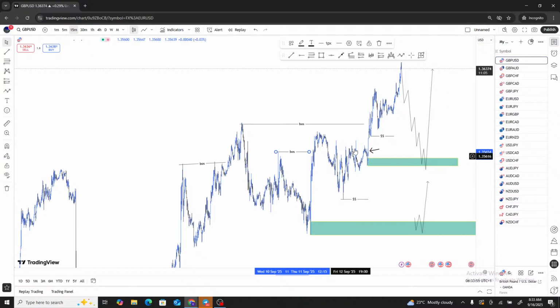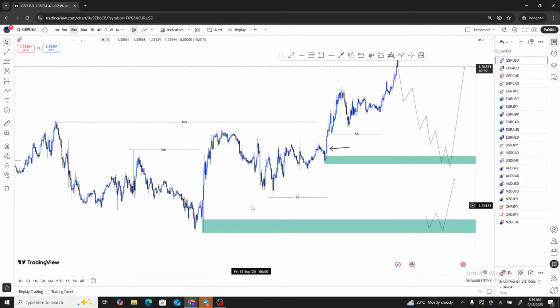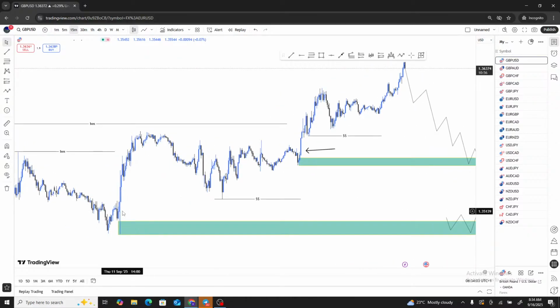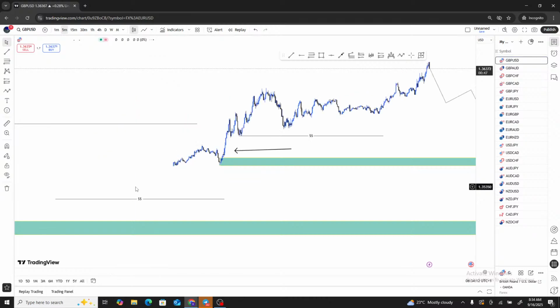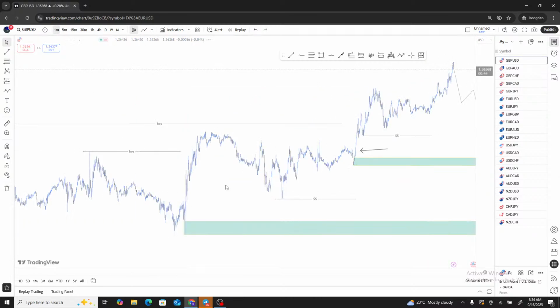You can see there is liquidity, but there is not much imbalance. Everything about price here has been balanced, but there is a hidden order block. So if we even go to a lower time frame, there's every possibility we are going to see another block.